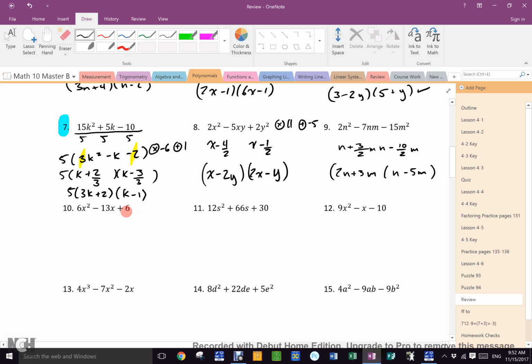6, 13. This is a little bit of a tricky one. 6 times 6 is 36, right? How do I get to negative 13 when I got 36? But they both got to be negative, don't they? That tricks people because they see that positive and they want positives, right?